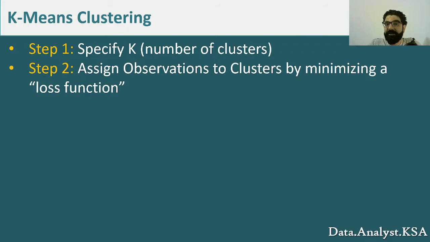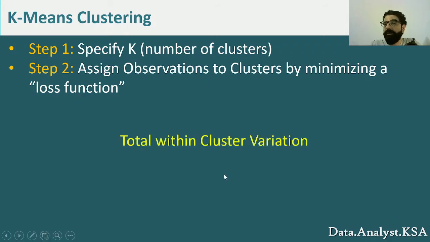The loss function that we are trying to minimize in K-means clustering is called the total within cluster variation. If you think about it just by the name of that loss function, it's calculating the variation within every cluster. So it's trying to create concise clusters that have minimal variation within themselves and giving you the optimal solution based on the minimum variation achieved by splitting the data into these clusters.